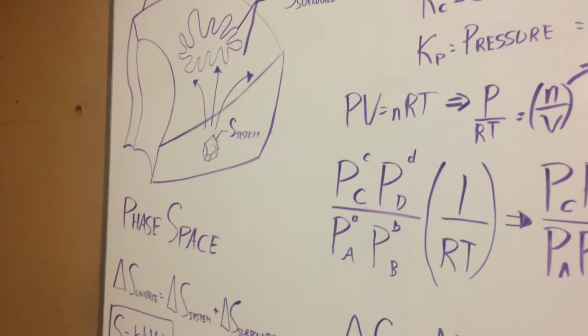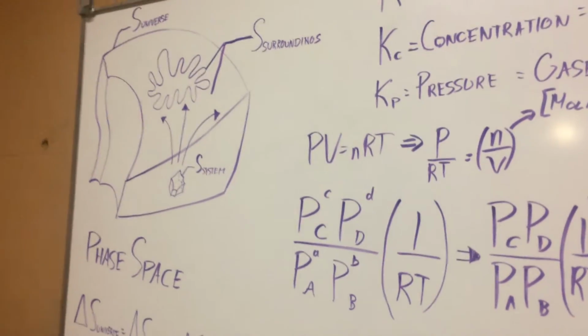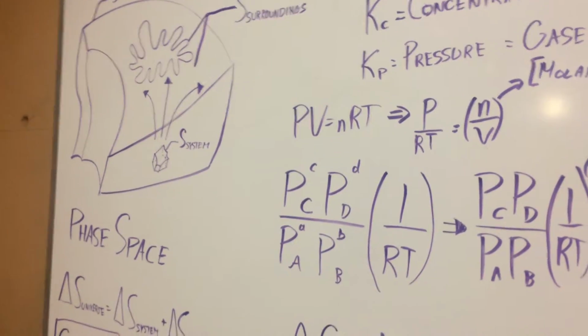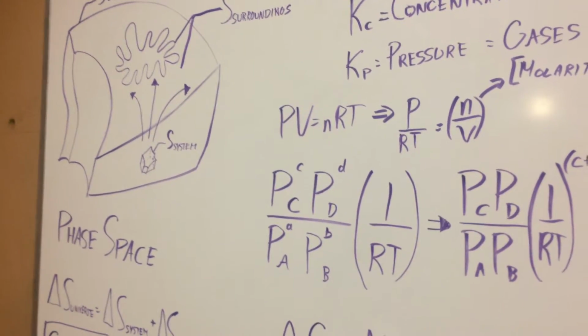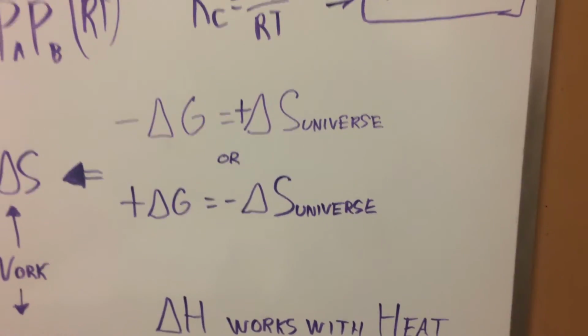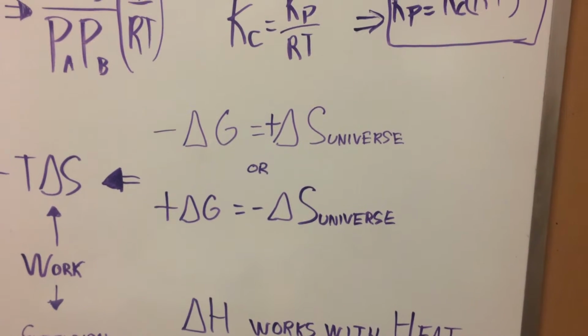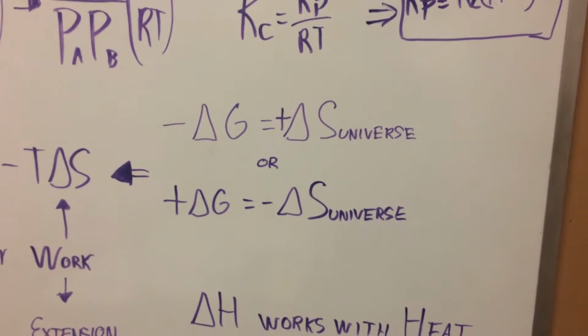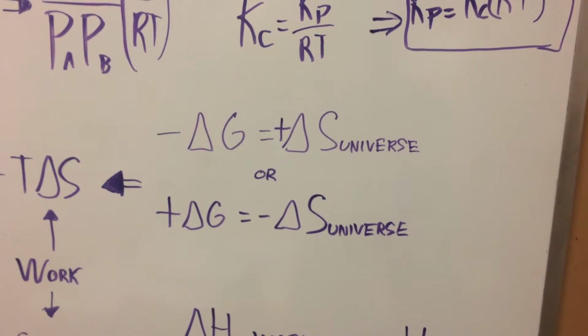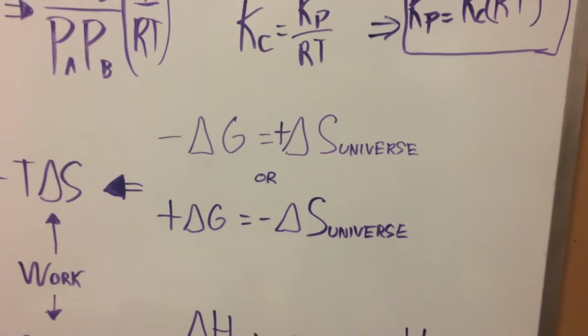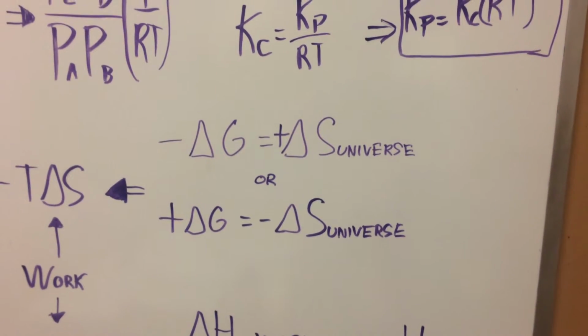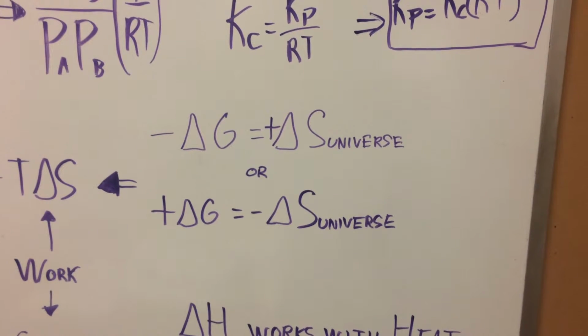And thinking of potential, it's the potential to do work, or the potential energy that can be used. So, looking into this, if delta G, which is Gibbs free energy, is negative, which means that energy is not going into the system, it's being dispersed, that means that the universe will be gaining energy.